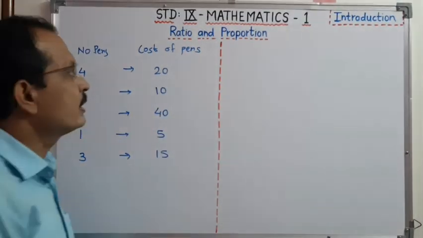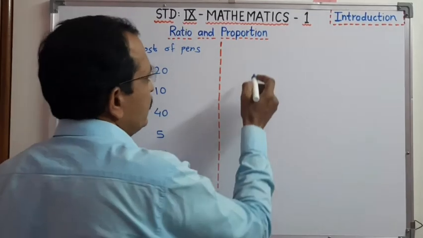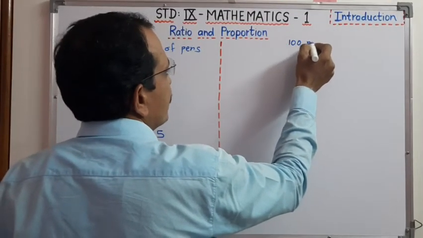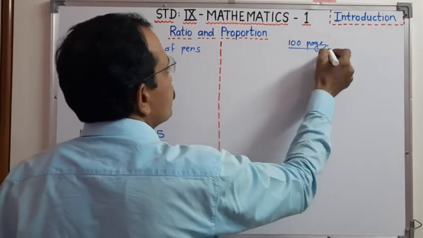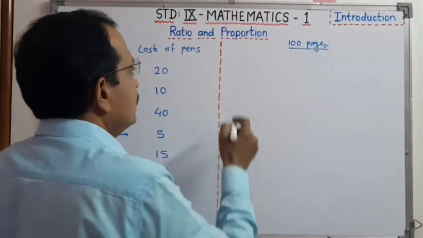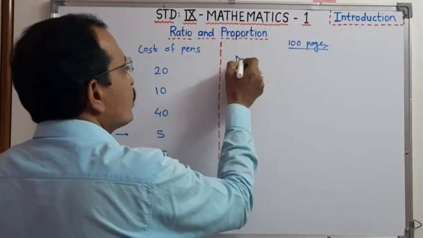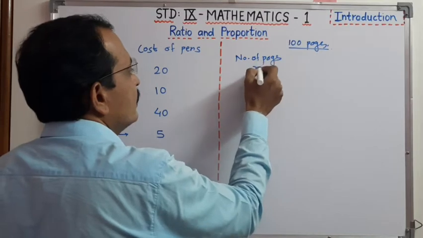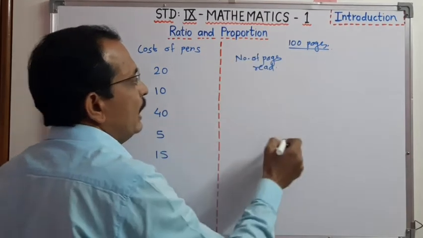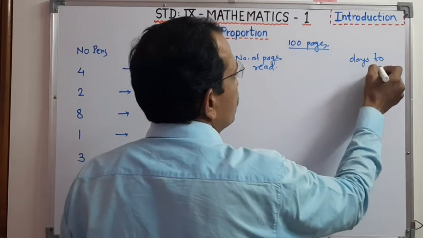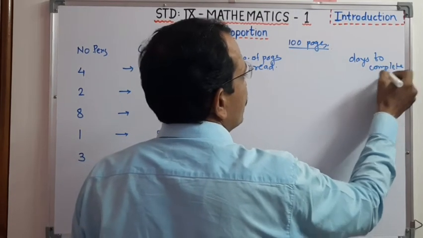Suppose we take another example. I have a book of 100 pages, and I want to read that. The number of pages read and the days to complete the book.